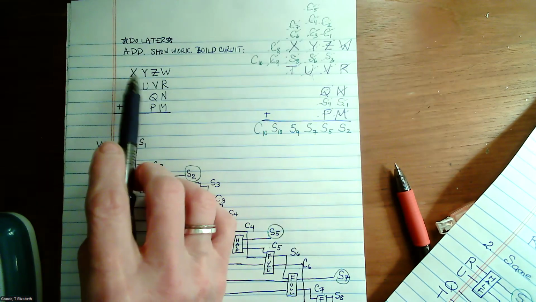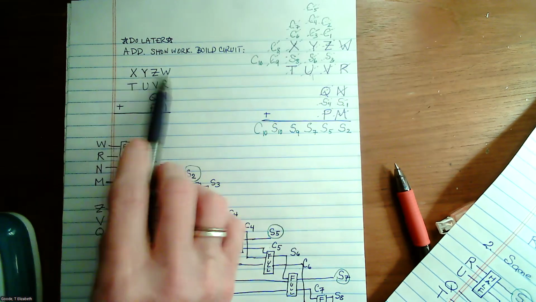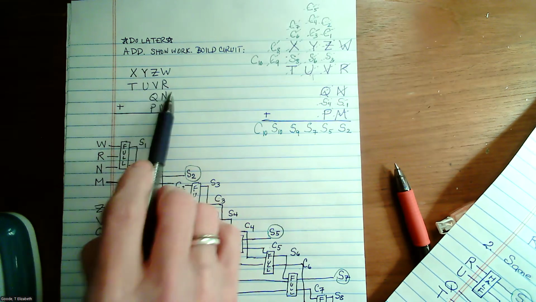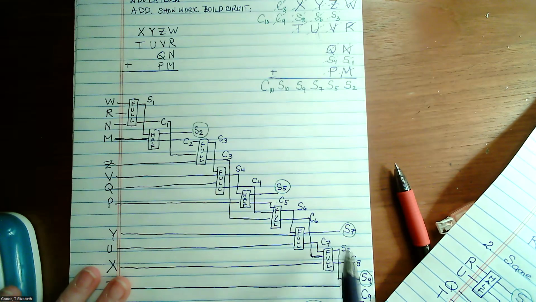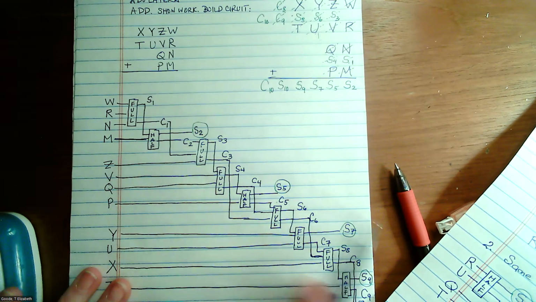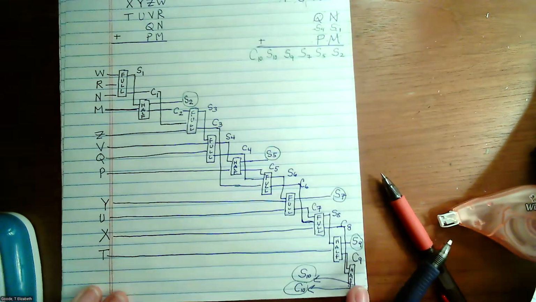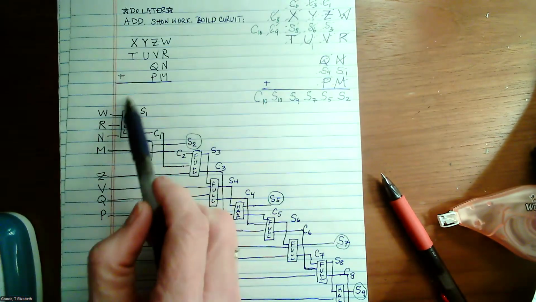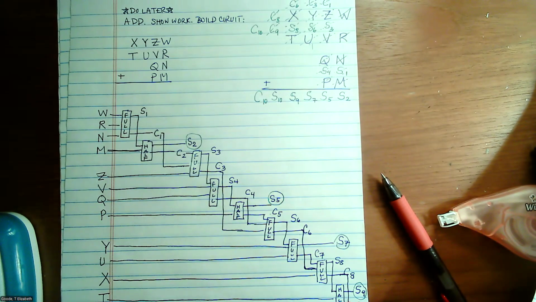Like if these are binary digits, these are either 0s or 1s. And if we had numbers like this, we could run them through this and get the correct carries and sums. And you have some WebAssign that asks you to do that. Then we'll get the actual correct answer.